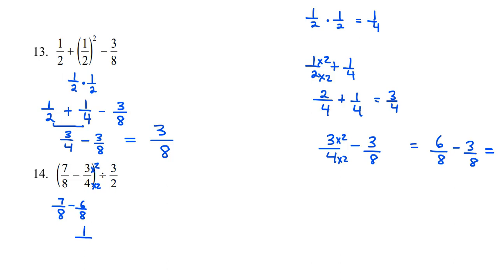That results in 1/8 divided by 3/2, which we know we need to keep, change, and flip. So we take 1/8 times 2/3, and then we can cross reduce. Divide by 2, divide by 2, giving us a result of 1/12.